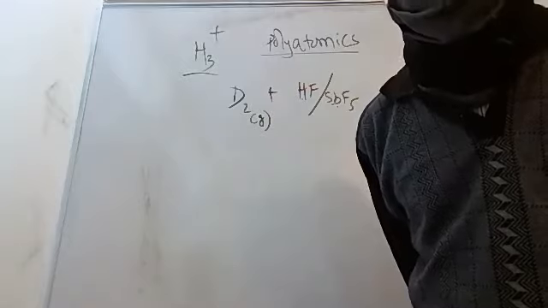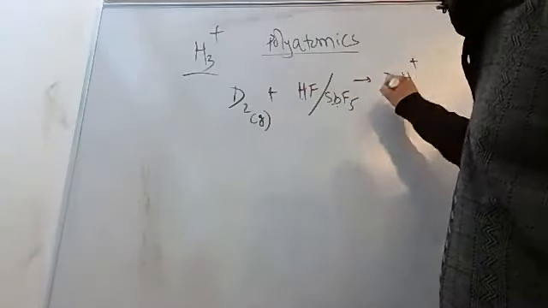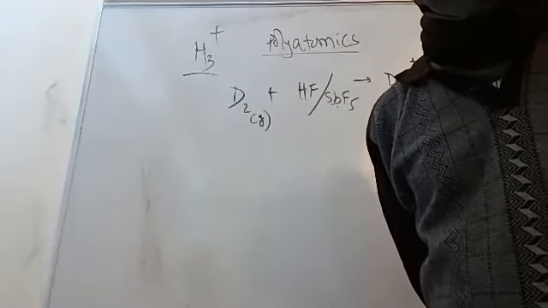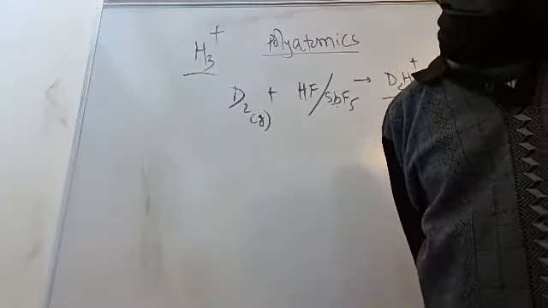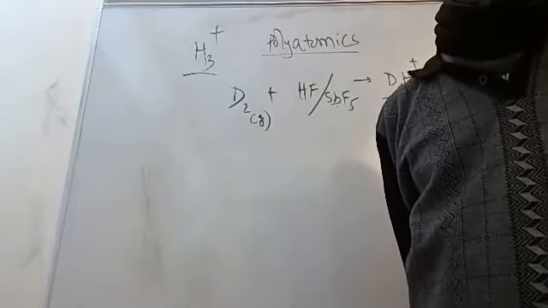When the deuterium gas is passed through this, they found a molecular species, D2H plus. So D2H plus is very similar to H3 plus, because deuterium is just an isotope of hydrogen, right?